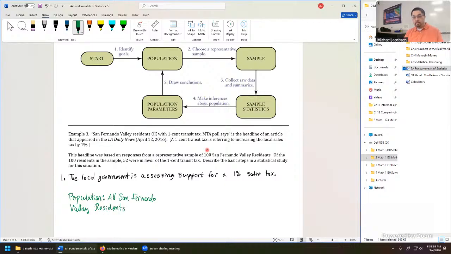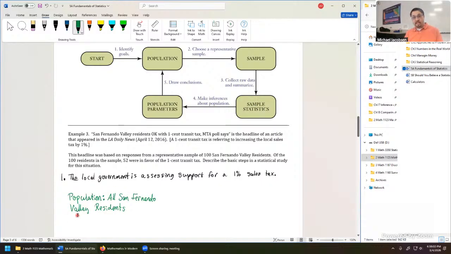So once we have that population in mind, we sample from that population. Again, hopefully doing some kind of strategy using randomization. And there'd be various ways that that could be done. There's probably records at the DMV. There's probably records for state taxes at the government level and so on. They can take a random sample of the San Fernando Valley residents.